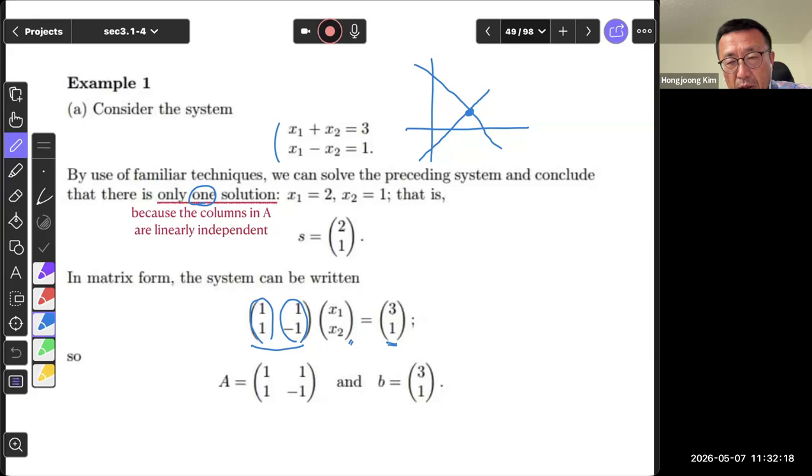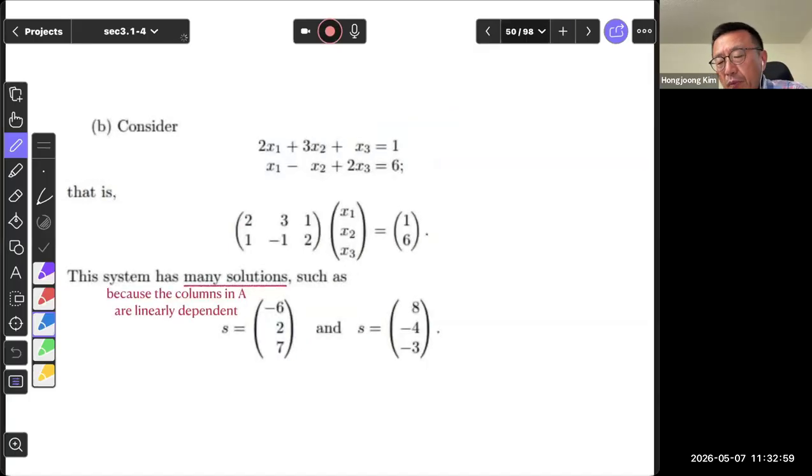Even if the columns of A are linearly independent, a solution may not exist. In example 1 we have only a 2 by 2 matrix, so the situation is very simple, but in general, for an m by n matrix A, if the columns are linearly independent, then if the solution exists, it will be unique.